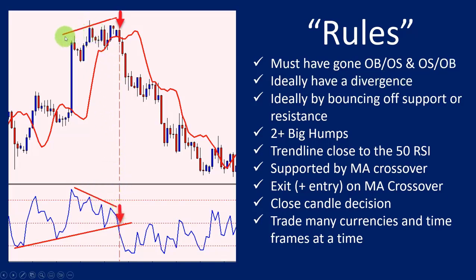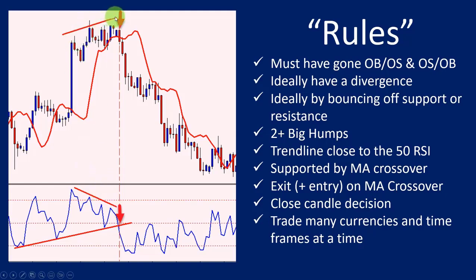A divergence is if you draw a line over the tops of the candles, and then draw a line over the tops of the turning points on the RSI, these lines will diverge. One will be going up and the other going down. If it was a bounce from the bottom, the reverse would happen.